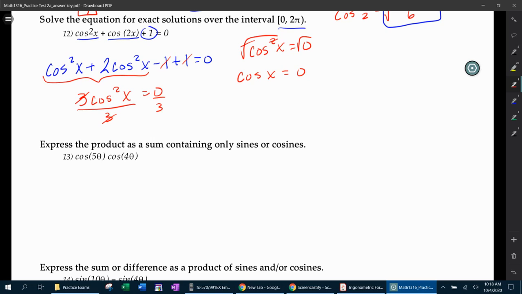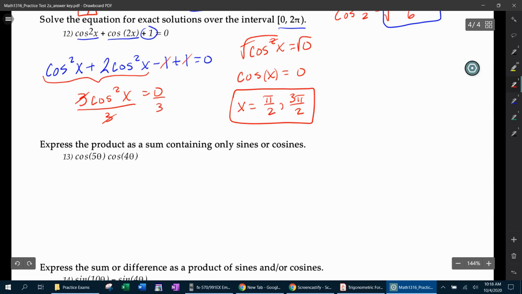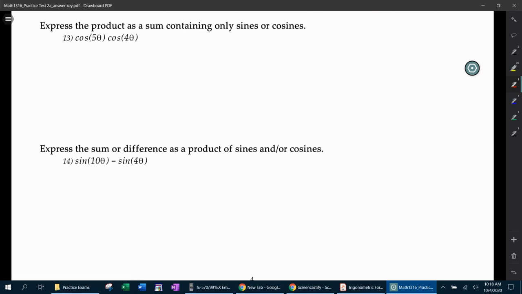There's 2 radian angles that have an x-coordinate of 0. So x, remember x is my theta this time, so the angles are going to be pi over 2 and 3 pi over 2. And there's that equation solved. And we've got 2 more to go.